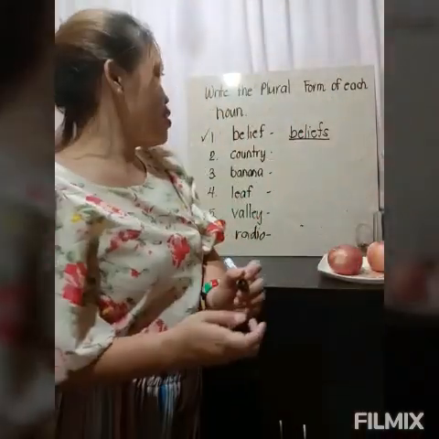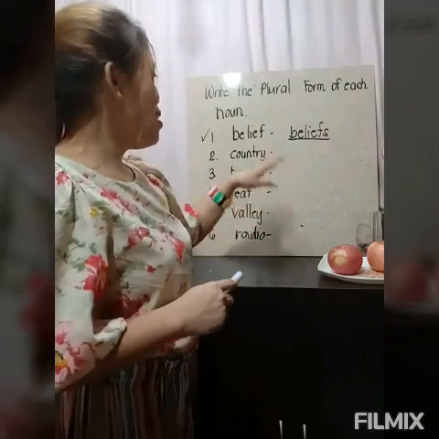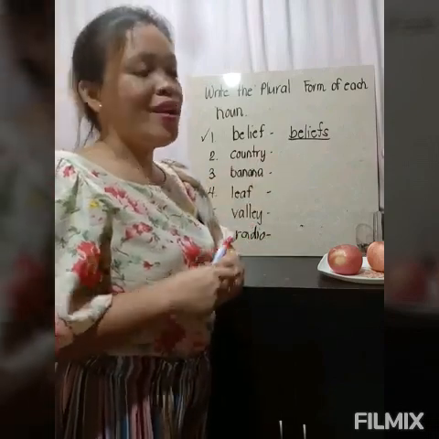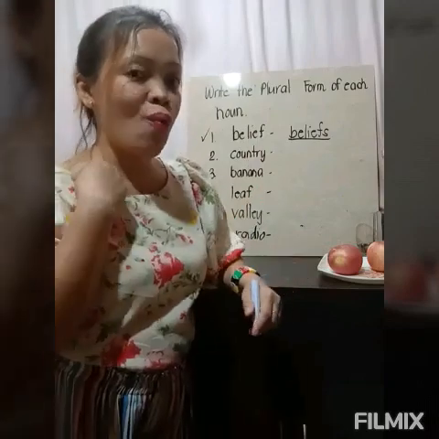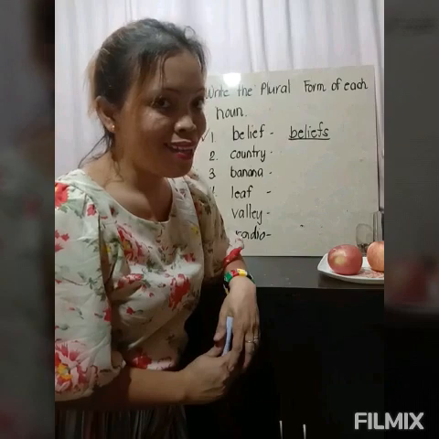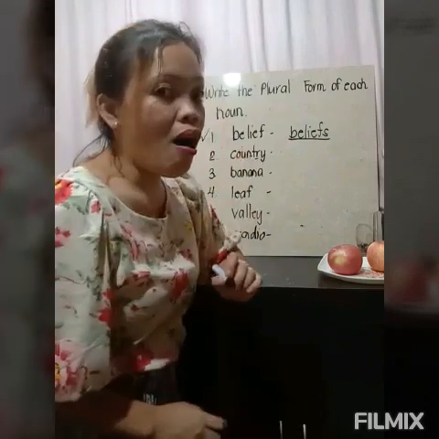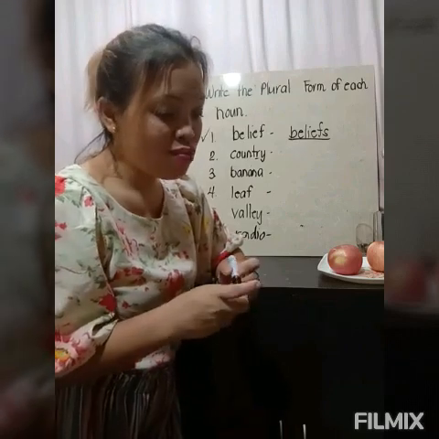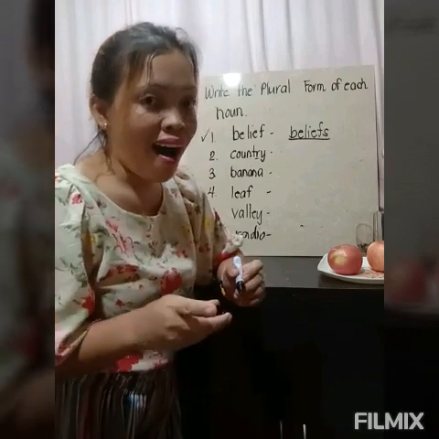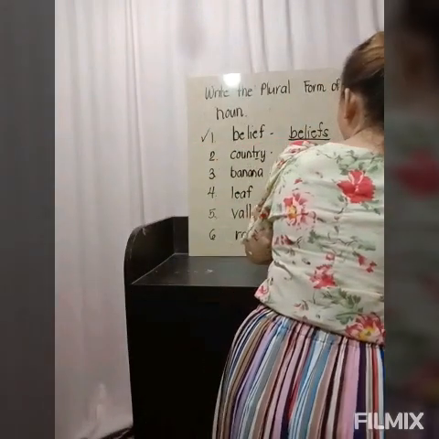Next, number 2, we have country. Nouns ending in y preceded by a consonant, you change y to i and add es. Very good. Countries.